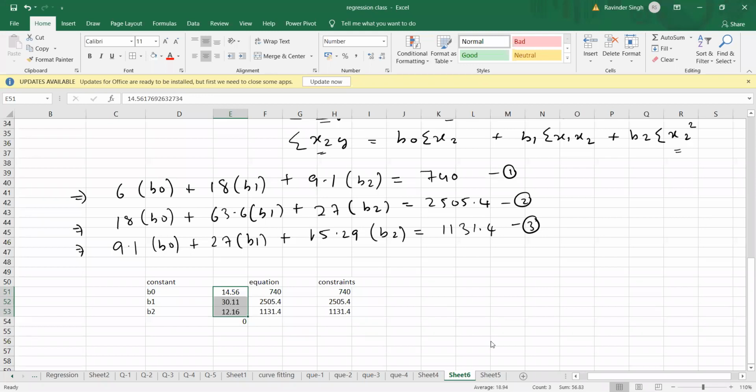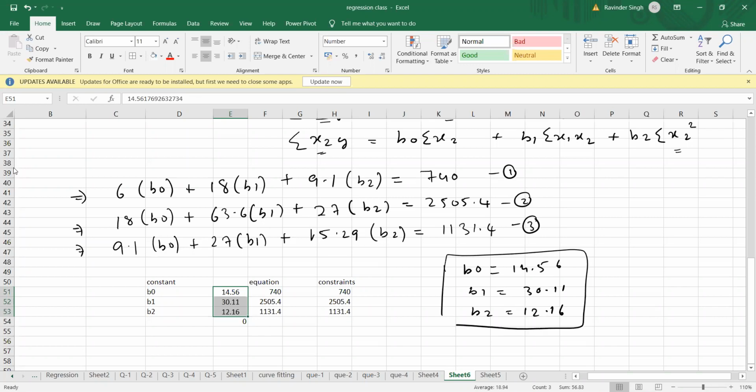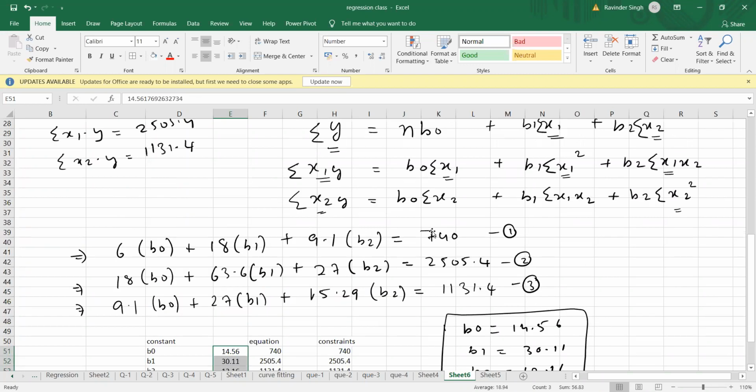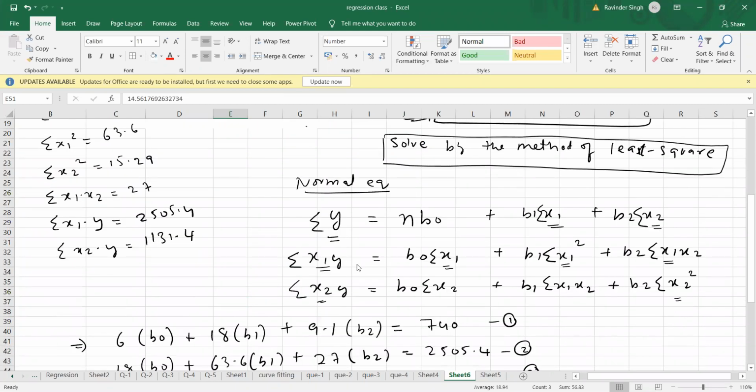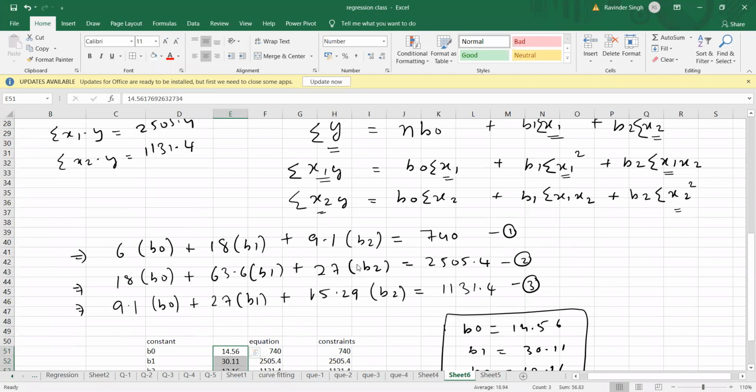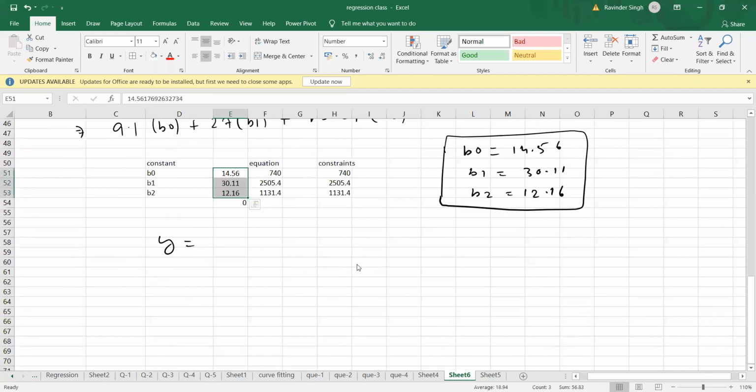So here I have got b naught value as 14.56. We have got b1 value as 30.11 and b2 value as 12.16. You have to just substitute these values in the regression model. So your y becomes b0 plus b1 x1 plus b2 x2.